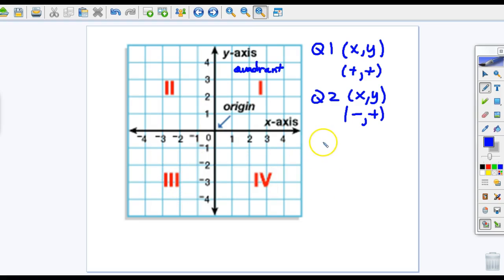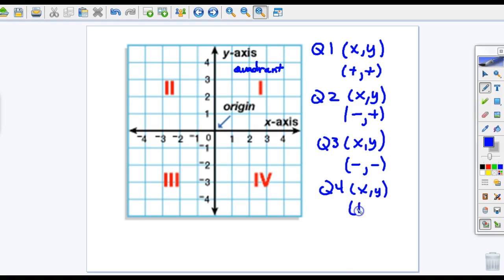In quadrant 3, our ordered pairs, x and y's, will both always be negative. Negative x and a negative y. And in quadrant 4, our ordered pair will have a positive x. Let me write my x and y. Positive x and a negative y.